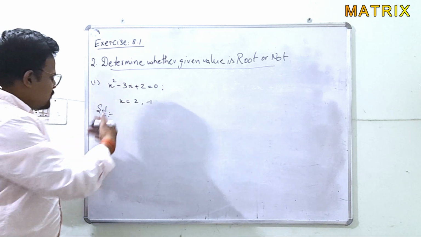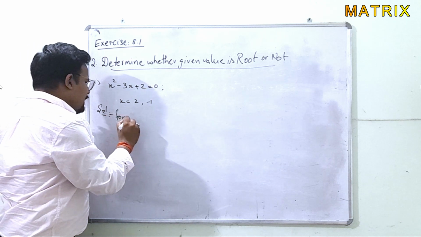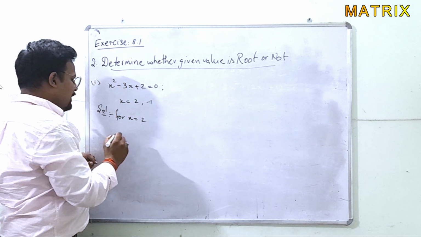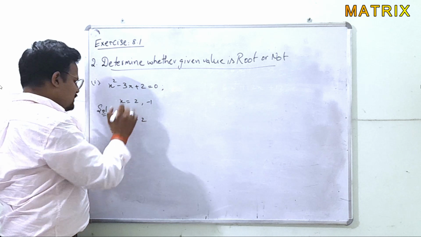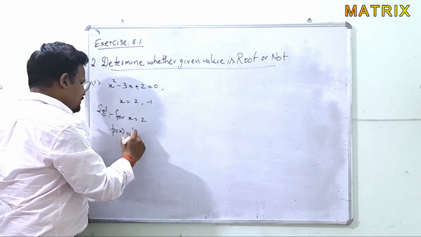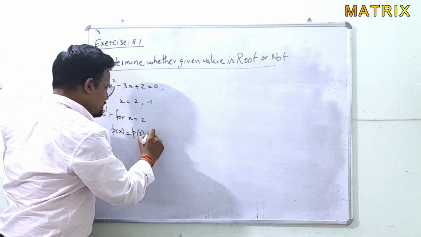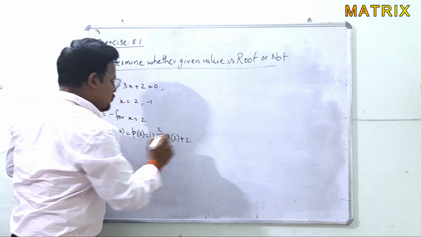By hit and trial, we just put the value over here. How will we do it? So for x is equal to 2, when I put this value in this, what will I get? P(x) is given as it is, so by putting this it will be p of 2, which is 2 raised to power 2 minus 3 multiplied by 2 plus 2.